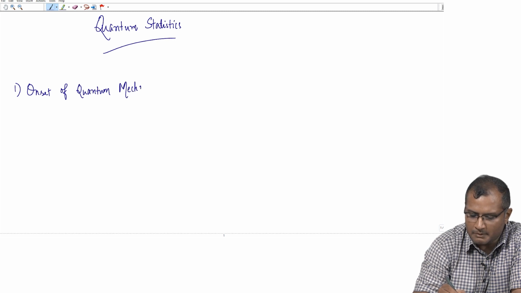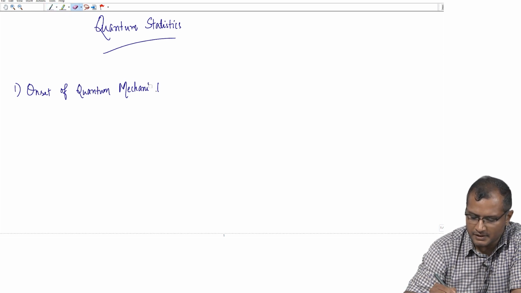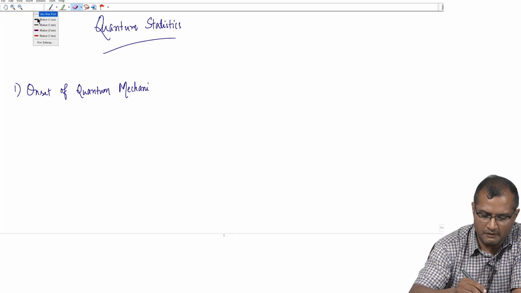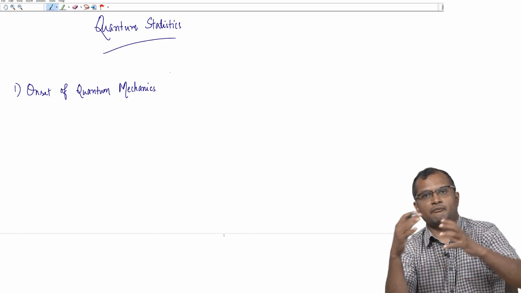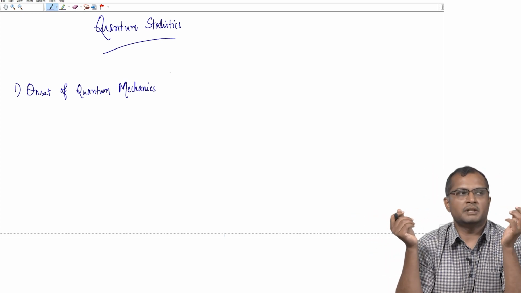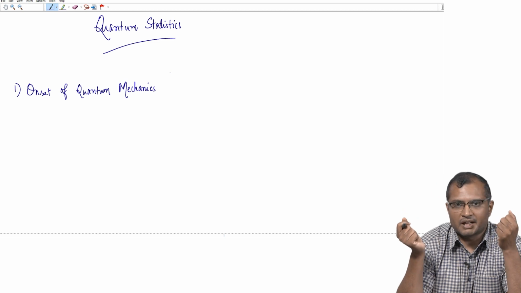So, when should I be worrying about quantum mechanical effects? That is the first thing to ask, because otherwise after chapter 1 and chapter 2, I know exactly what to do when somebody asks me to compute the heat capacity of a material or susceptibility of a magnetic system.